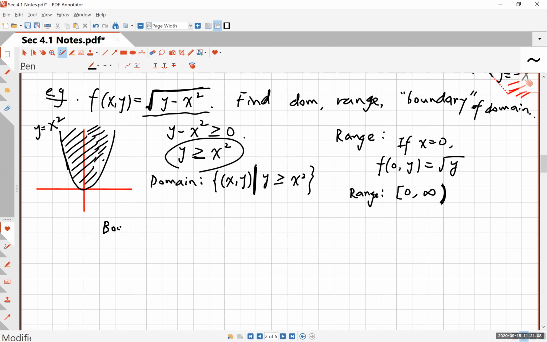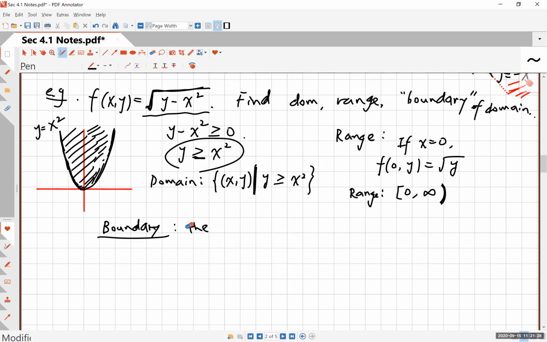Now, here's the idea of a boundary. If I ask you what the boundary is for this domain, you would probably say the boundary is this parabola, right? Because one side is included in the domain, the other side is not. So here's a definition of a boundary. Watch carefully here.